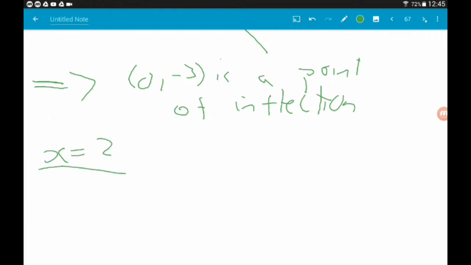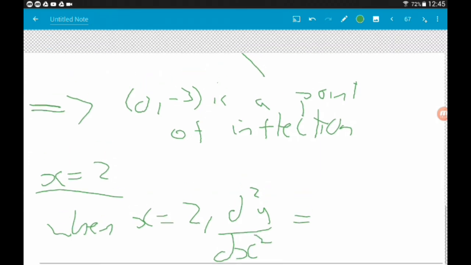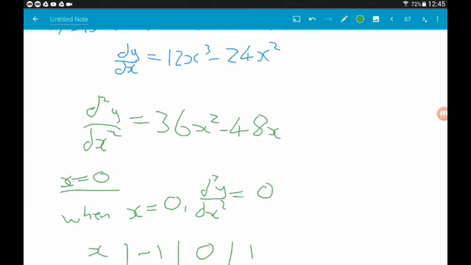Okay, let's now have a look at when x is equal to 2. So, when x is equal to 2, the second derivative, let's have a look. What's that going to be? So it's going to be 36 lots of x squared, which is 36 times 4, so that's 144, and then minus 48 times 2, which is 96.